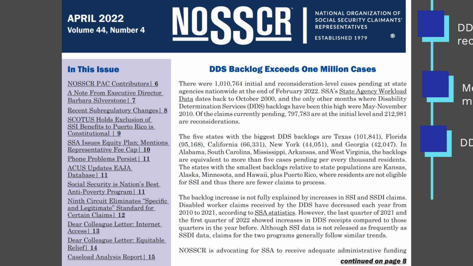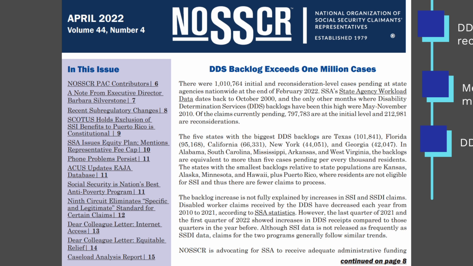And in April 2022, the headline story was this: that the DDS backlog exceeds 1 million cases. So nationwide, there are 1 million disability cases that are still waiting to receive a decision, and that is unprecedented. The last time they had a backlog that large was after the financial crisis in 2008.